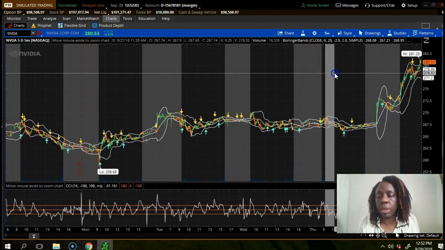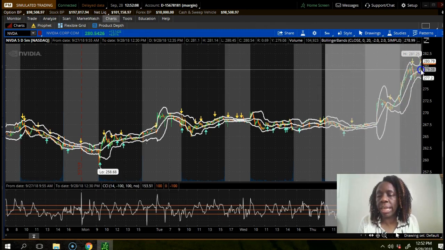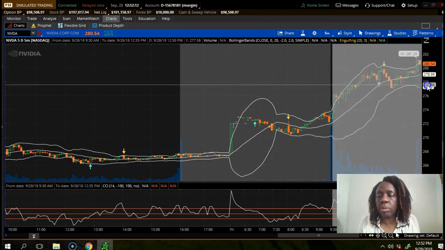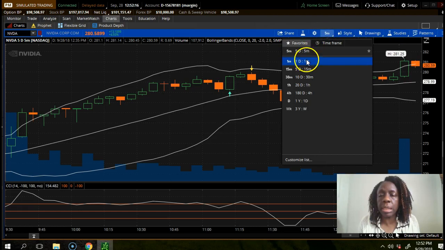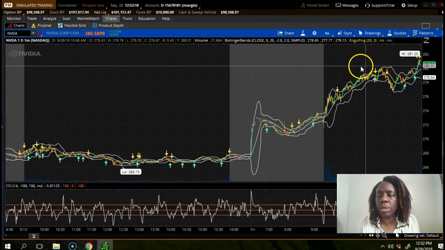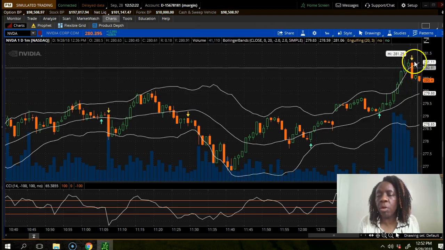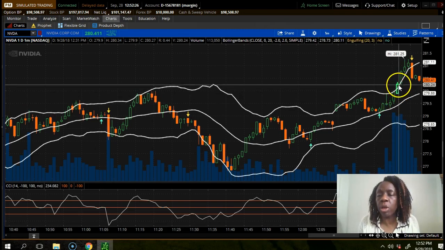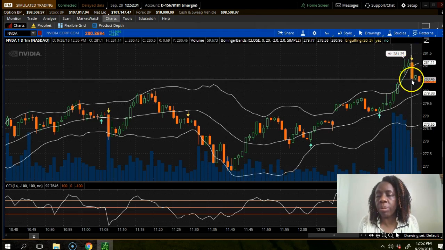Let's hold the key on our left on our mouse and drag it to zoom in, and zoom in a little more. And this is a 5 minute chart. I like to look at the 1 minute chart as well to just see what's really going on from minute to minute. And we can see over the past 10 minutes or so, the price of this stock has been going up.